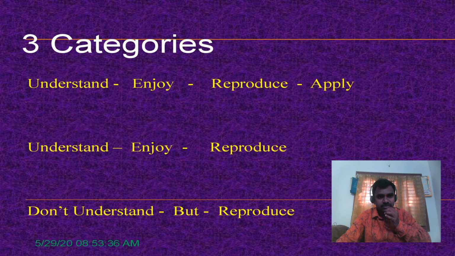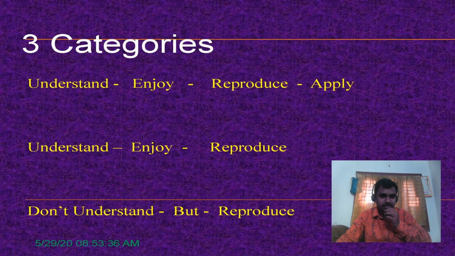what are the categories of people we have? The first category of people can understand the subject, enjoy it, reproduce it, and apply it wherever they want. That is the top category. The second category can understand physics, enjoy it, and reproduce it.